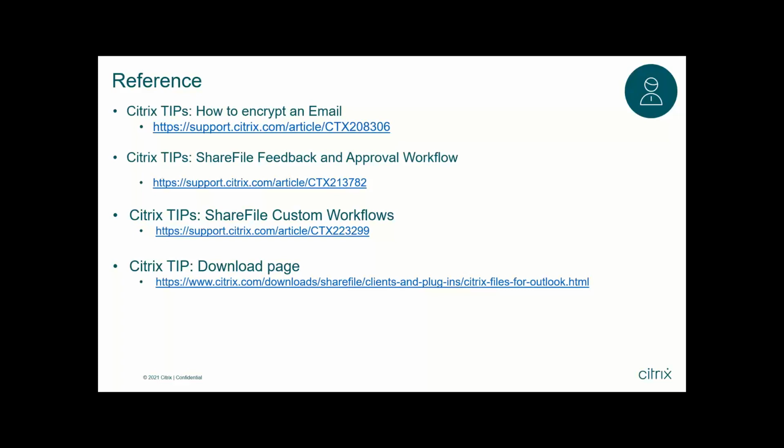Okay, how does this plugin work with the new security feature where we have chosen to disable the option to allow anonymous downloads? Well, as I mentioned in one of the slides, if I go back to Outlook, the settings for the Outlook plugin can be enforced and set by the ShareFile administrator.